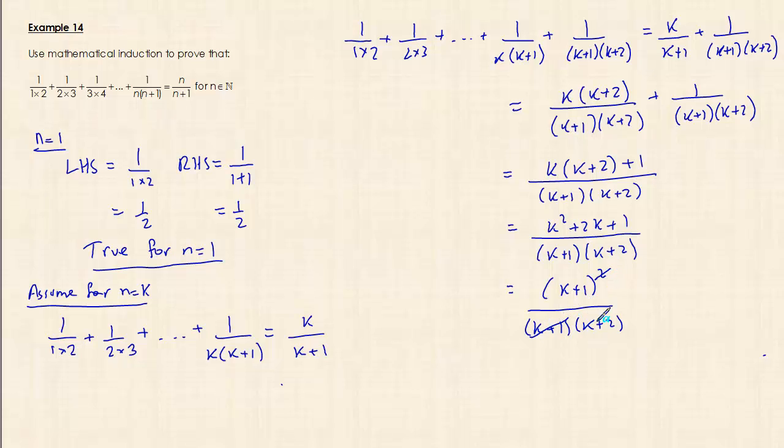Can cancel that with one of those, and that gives us k plus 1 over k plus 2, which is this with the k replaced by k plus 1 and k plus 1 replaced by 1 more than k plus 1, which is k plus 2. So if this is true, we've shown that it necessarily follows for the next case, and all we need there is the concluding statement.